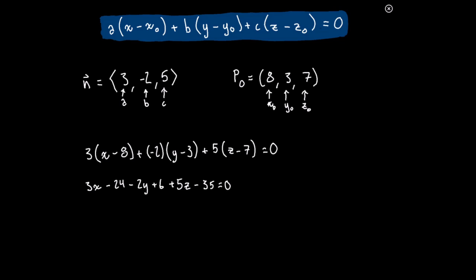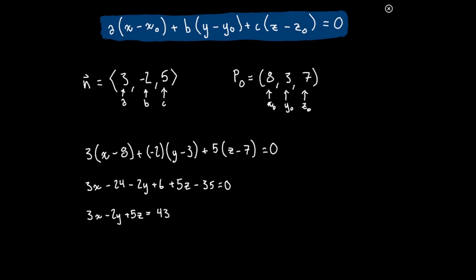And then we can go ahead and pull all of the constants to the other side. 3x minus 2y plus 5z equals what? 24 minus 6, which is 18, or -18, minus 35, so that's 43, I think.